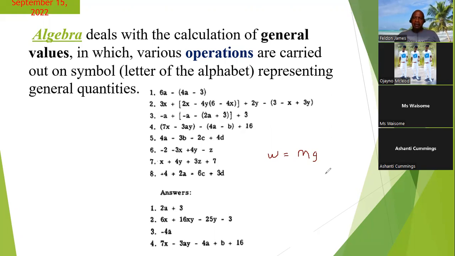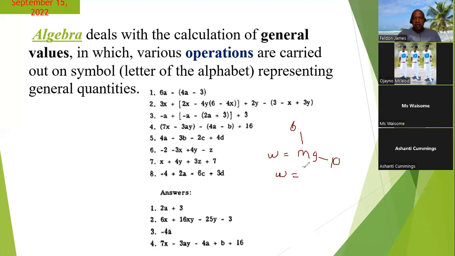So what will generally happen is that if you're given a formula like this, you may be given the value of m. So they will tell you that m is equal to, say, 6. And if m is equal to 6, and you know that g is equal to 10, then clearly with those values, you are now able to solve for w using the formula, because all you'd have to do is plug in those values in the formula where you have m and g.